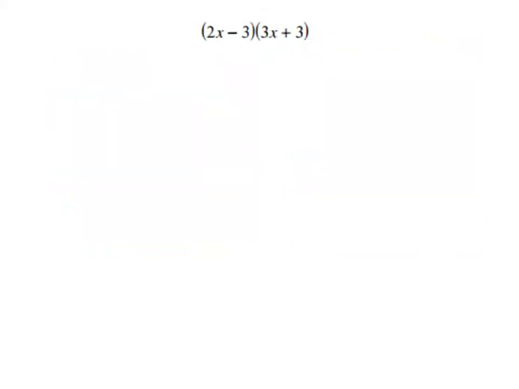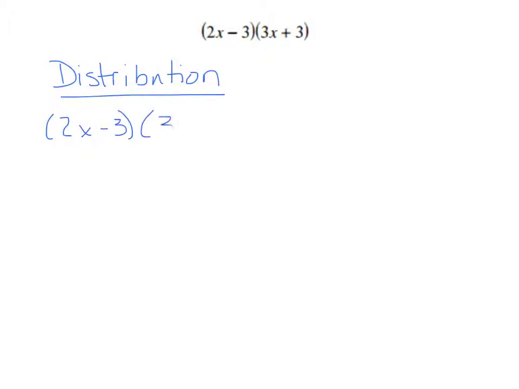Let's do it one more time. I'm going to do this using both distribution and the box method. So using distribution, 2x minus 3 times 3x plus 3.